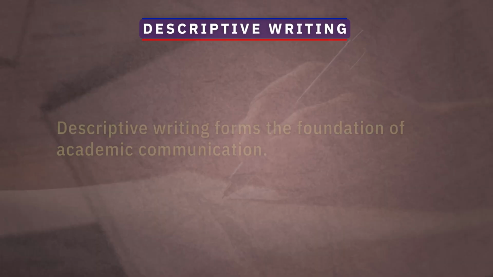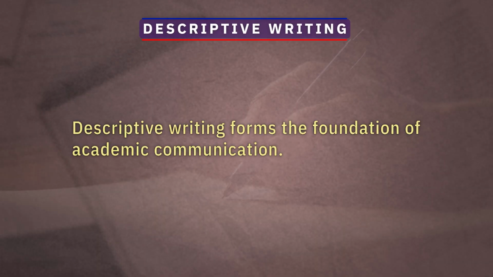So, what is descriptive writing and how do we avoid descriptive writing? Now, we must appreciate that descriptive writing is the foundation of academic communication. One must not completely dismiss descriptive writing. As I mentioned earlier, academic writing must evince a balance between these two modes, that is descriptive and critical. Of course, one must avoid descriptive writing, particularly while engaging in scholarly or academic discourse.